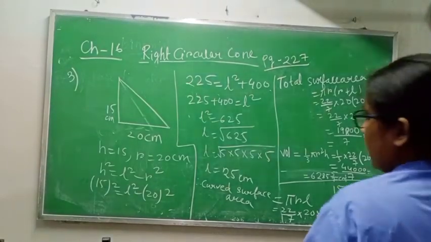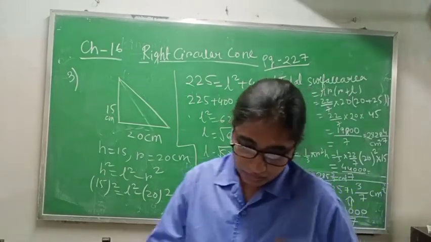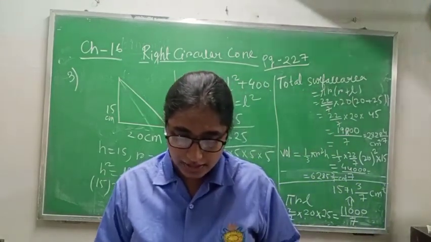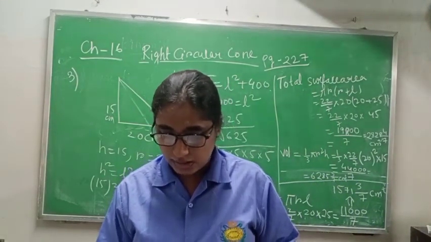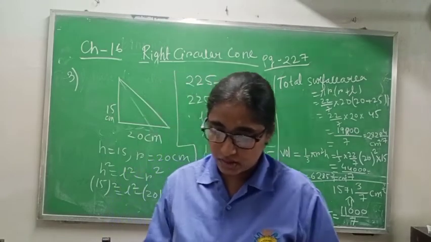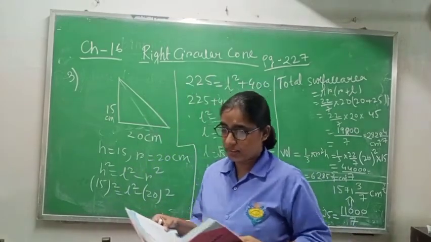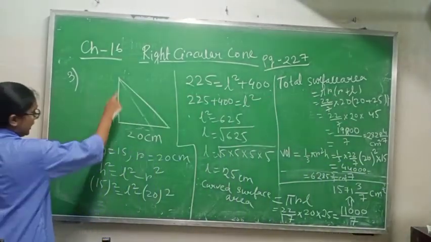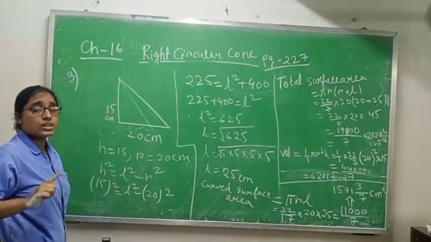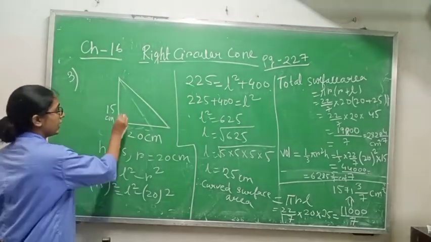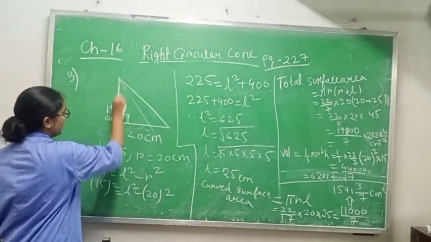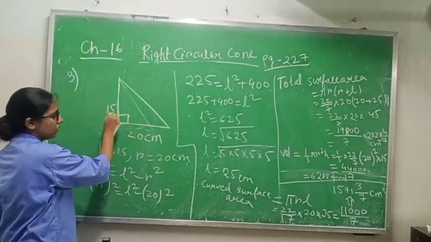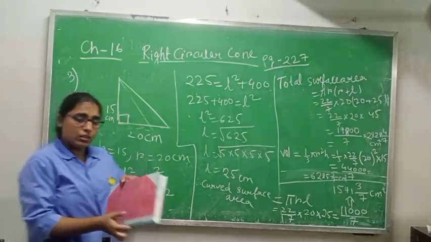Now class 10, see question number 3. Amina has drawn a right angle triangle whose lengths of two sides adjacent to the right angle are 15 cm and 20 cm. So Amina has drawn one right angle triangle whose adjacent sides of the right angle are this and this, 15 cm and 20 cm.